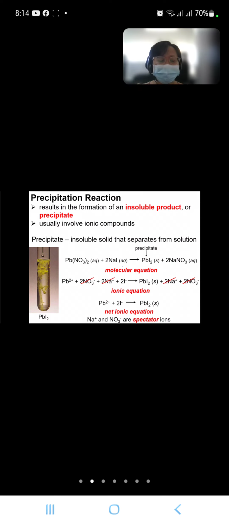So let's go to precipitation reaction, which is one of the types of reaction that can occur in an aqueous solution. A precipitation reaction results in the formation of an insoluble product or precipitate. What do you mean by the word insoluble?